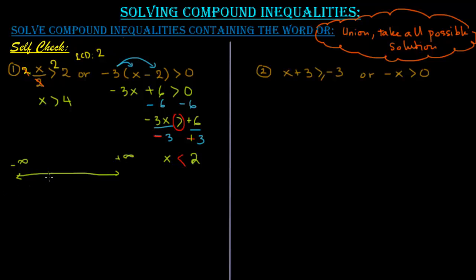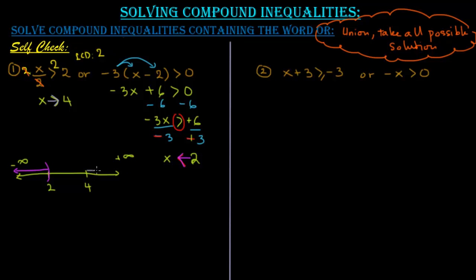Now we put both of them on the number line. Negative infinity, positive infinity. We have 2 and 4, so 2 goes first and then 4. Again, apply the arrowhead method, put the tail for the inequality sign, that point goes to the left, so we're going to go to the left with the parenthesis. And at 4, put the tail for the inequality.